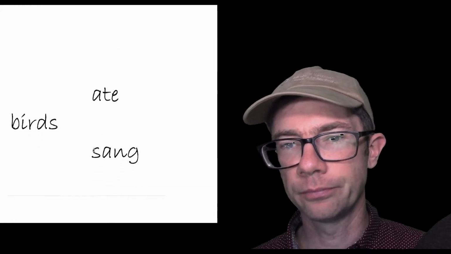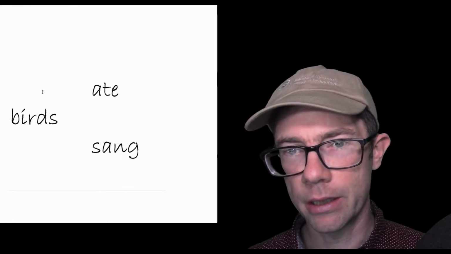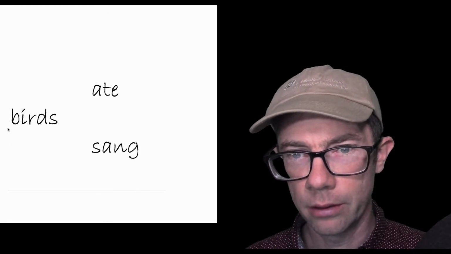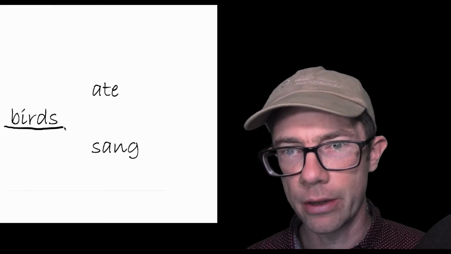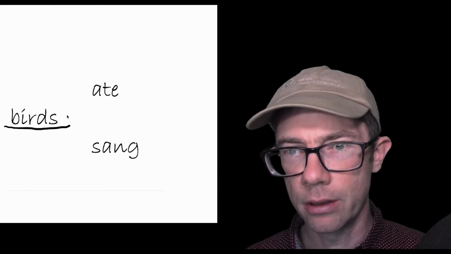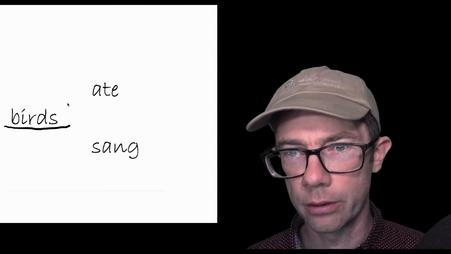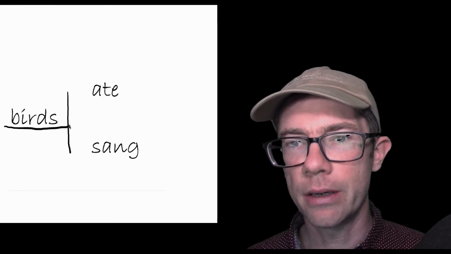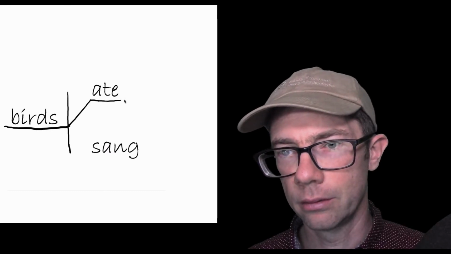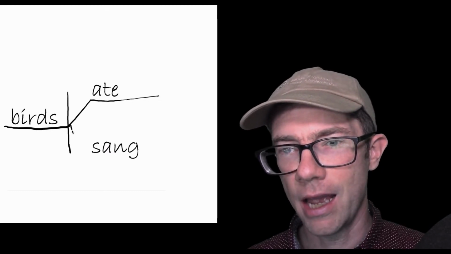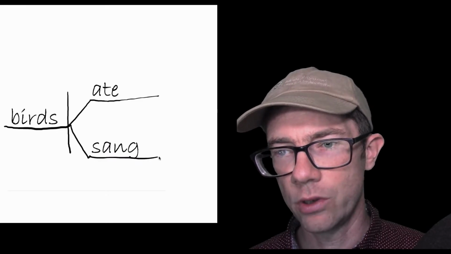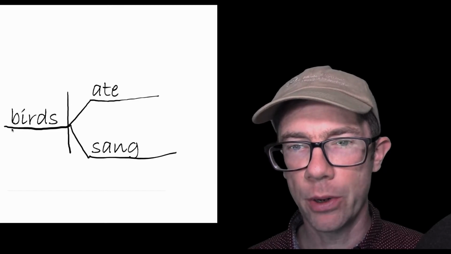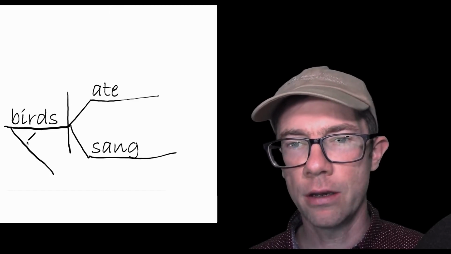Let's have a look at how we might diagram that. Who ate and sang? Birds ate and sang. Let's begin by drawing the baseline. Now we have to split the baseline, remember, because we have a compound predicate. Birds. Let's draw in the predicate line. Birds what? Birds ate and sang. We have two baselines there. What's missing? Which birds? The birds.